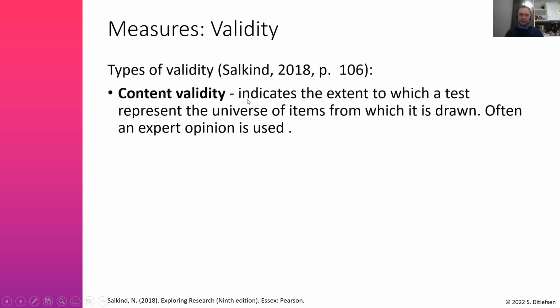Content validity indicates the extent to which a test represents the universe of items from which it is drawn. So often expert opinion is used. Here I would like you to think of content validity, expert opinion. That is important.